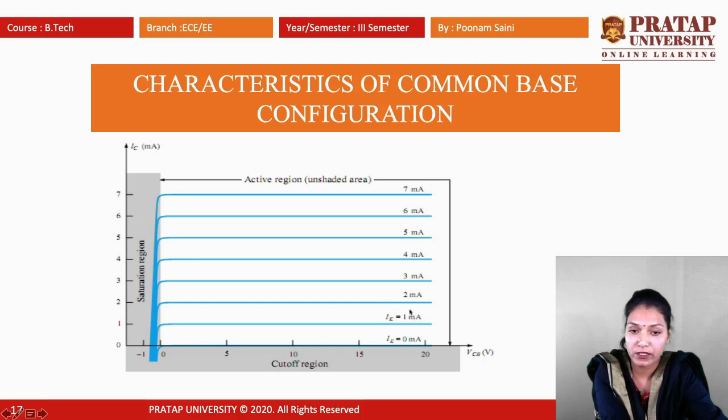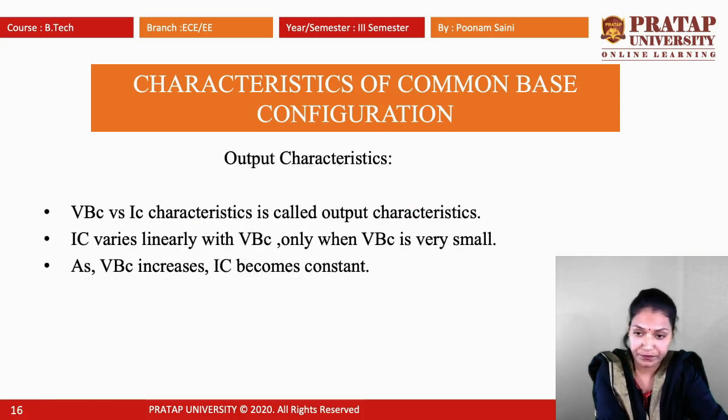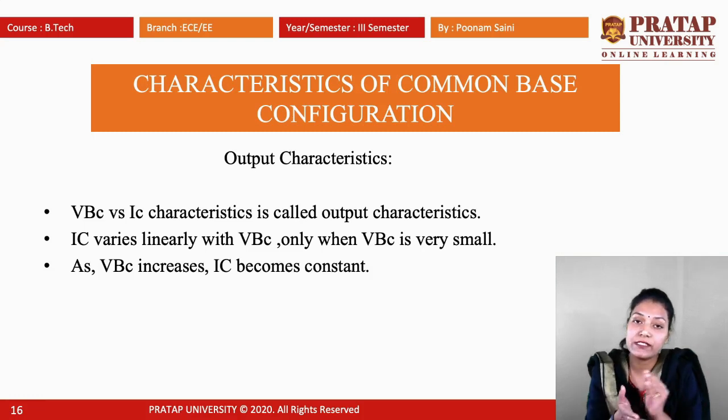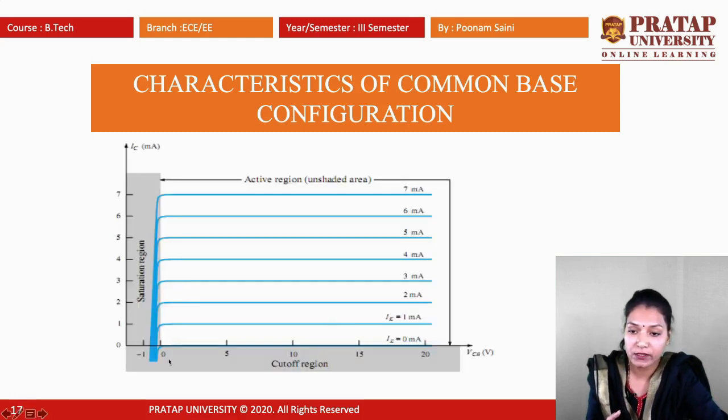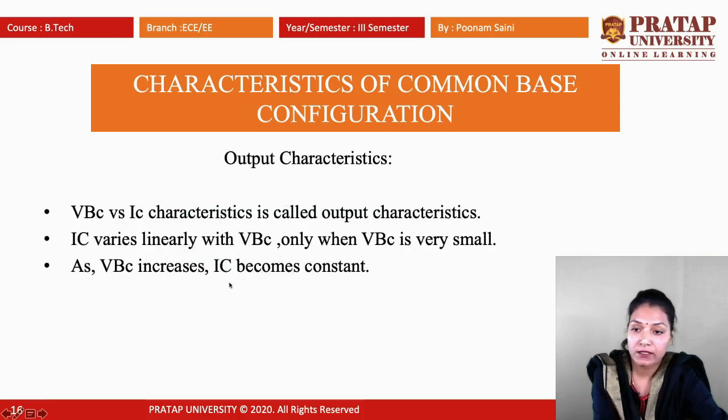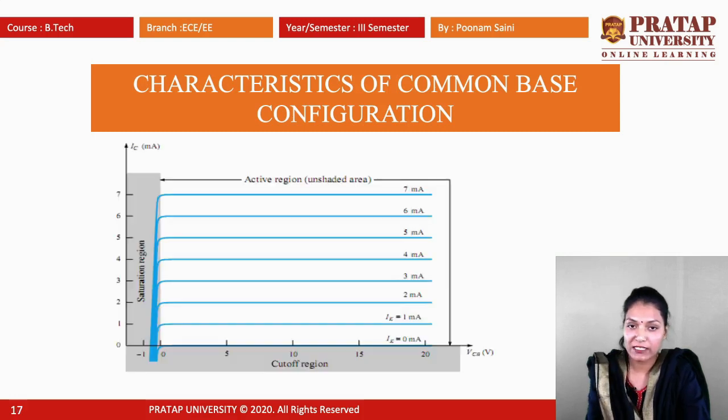Then for IE of 1 milliampere, 2, 3, 4, 5, 6, 7 milliampere. When VCB is very small, IC varies linearly with VCB, and as VCB increases, IC becomes constant. So this is the output characteristics of a common base configuration.